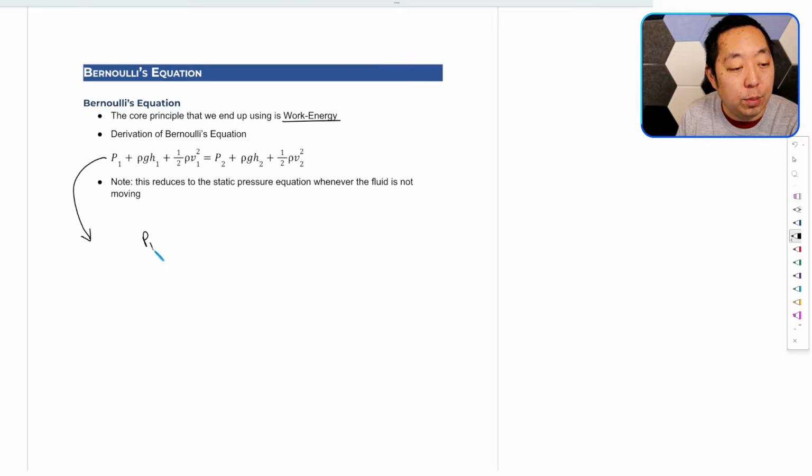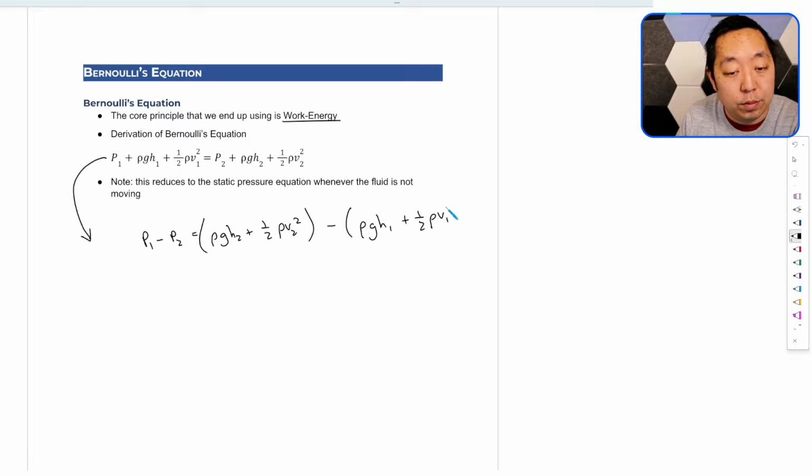If I move the P1 minus P2 to this side, and then move this part over to here, you get rho g h2 plus 1/2 rho v2 squared, and then I'm going to put a minus all of this stuff, rho g h1 plus 1/2 rho v1 squared, right?